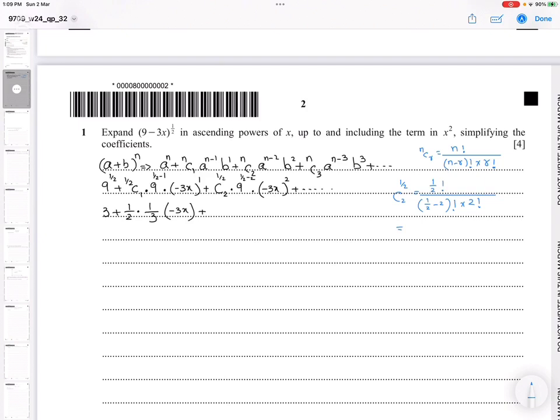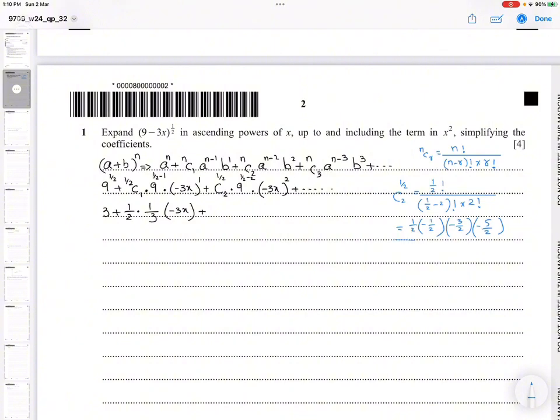When you simplify this, the factorial of 1 over 2 is 1 over 2 times, you subtract 1 from 1 over 2, you get minus 1 over 2. You subtract 1 from minus 1 over 2, you get minus 3 over 2. Subtract 1 more from minus 3 over 2, so minus 5 by 2.